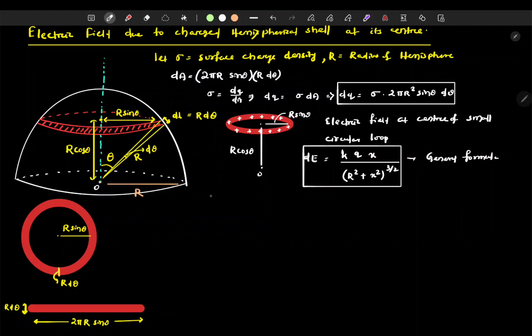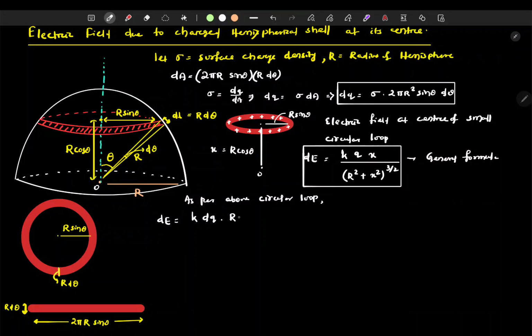So as per the given figure, as per the above circular loop, dE value will be how much? K into charge dq, and x is equal to r cos theta.